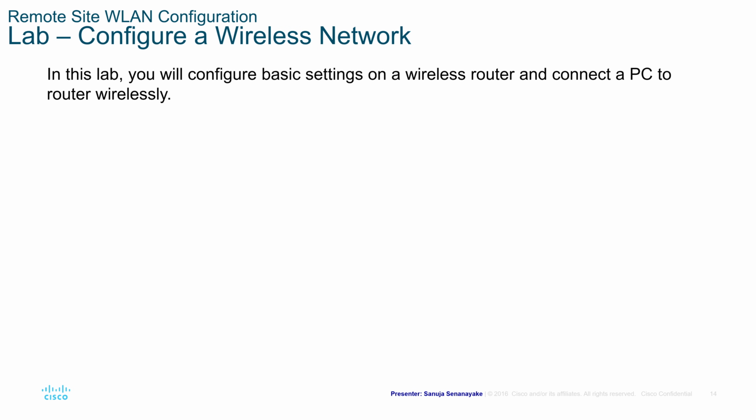There's another Packet Tracer lab activity called Configure a Wireless Network. Again, if you do not have access to this lab, I will post a copy to my sanuja.com website, so you can go ahead and download it and do it. And I will leave a link in the description of this video to that Packet Tracer file download location, so you can do them for your understanding of the concepts that we have covered.